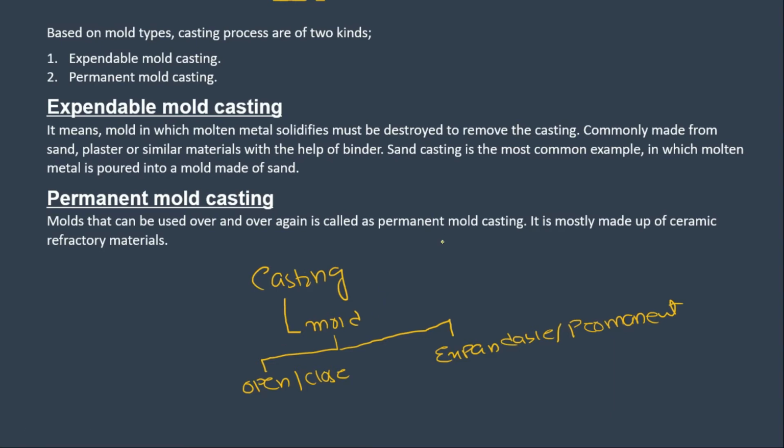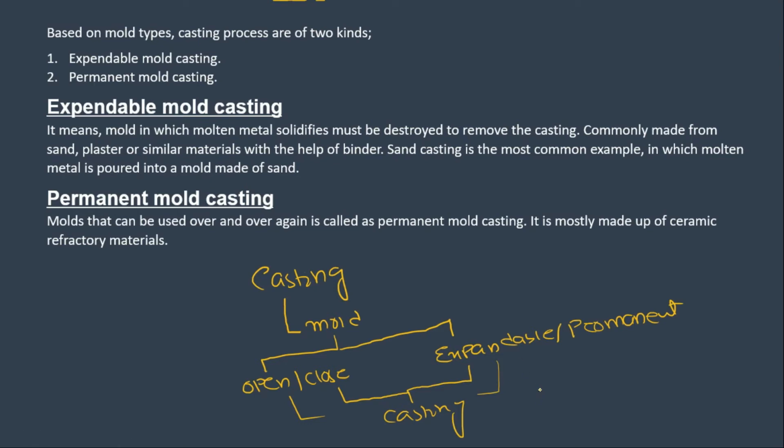Okay, so any type of casting can be a closed mold expandable casting. A casting can be at the same time open mold, let's suppose permanent casting, or open mold expandable casting, or closed mold permanent casting.